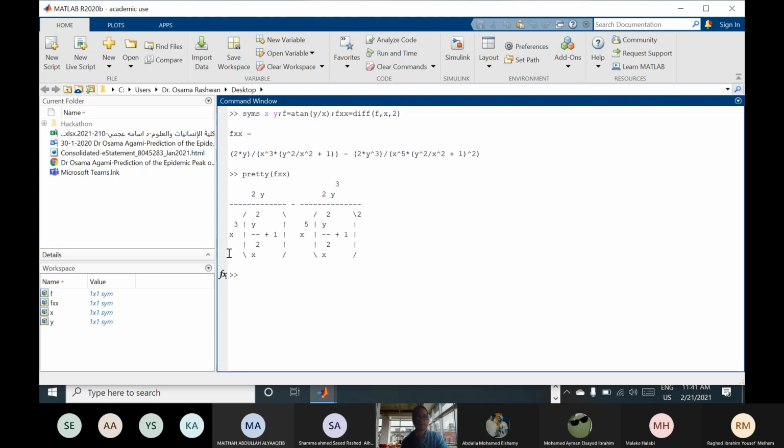Okay? Easy? So you can handle it with Matlab. If I would like to have the derivative with respect to x and then y, what do I have to do? Shall I write diff fxy? Shall I write diff x and then y?